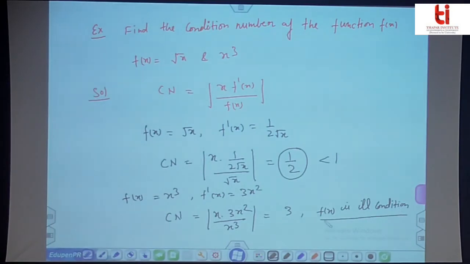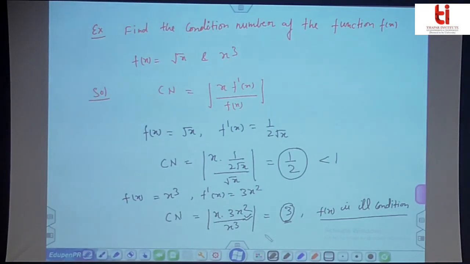If input is very, very small, then obviously the power of x will be what? x is a small number. When we are finding x cube, that is again a small number, and we are using finite digit arithmetic, so it may create problems. So don't think that always if we get a condition number greater than 1, it is ill conditioned. Here we are having 3, so it depends on the value of input also. In all cases it will not be ill conditioned, it will depend on the input.